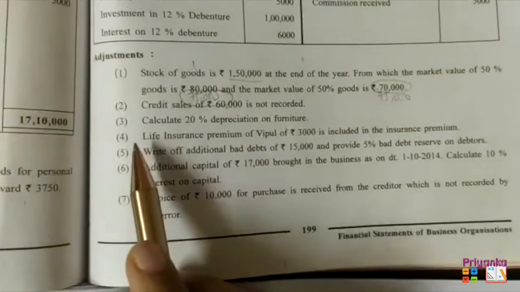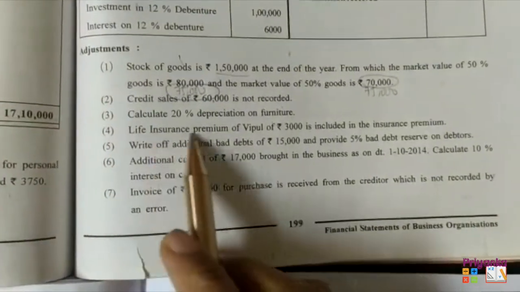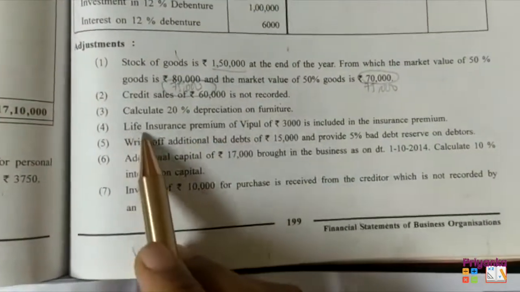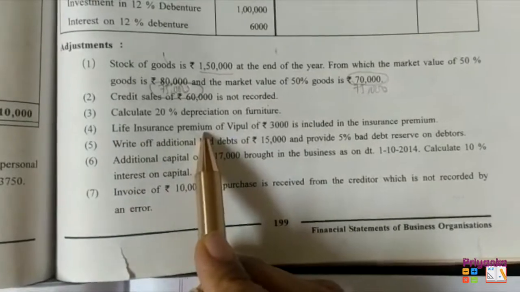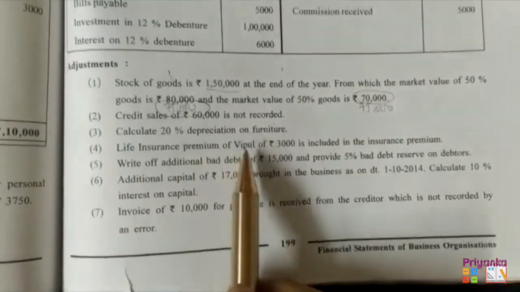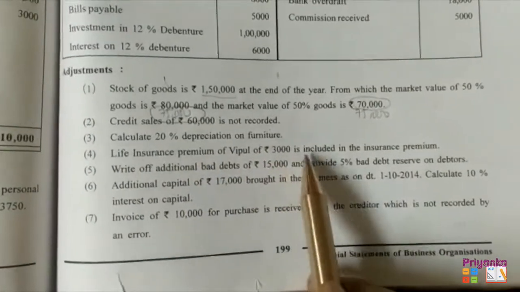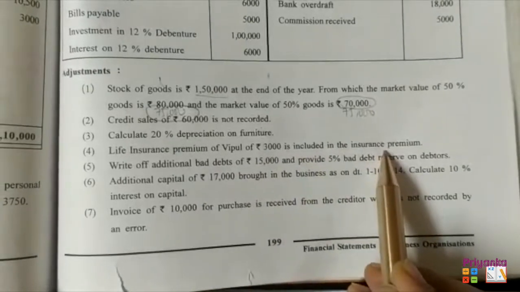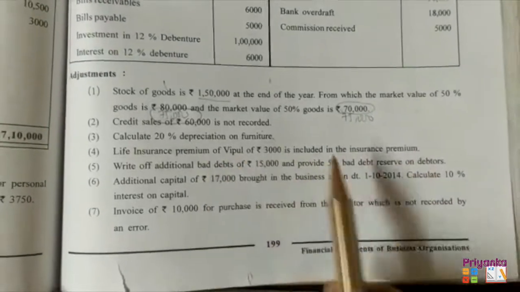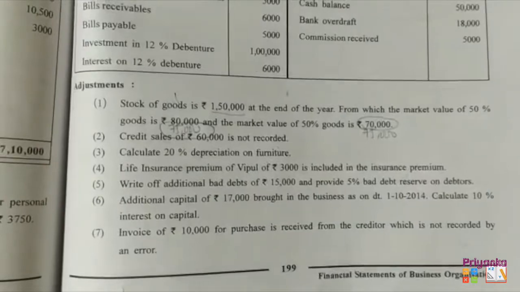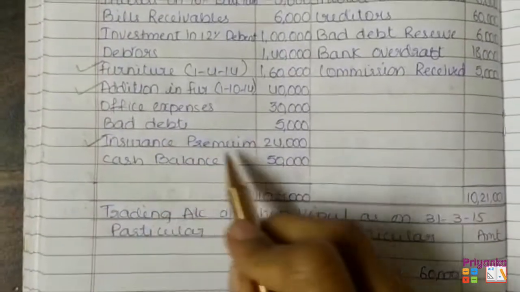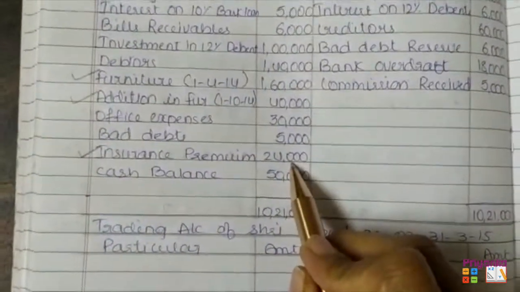Moving to the next adjustment, fourth one, life insurance premium of Vipul. As you know, life insurance premium is a personal expense and counts as a drawing of Vipul. 3,000 is included in the insurance premium. So here we'll first remove it and then add it to the drawing. Here is the value of insurance premium, which is given as 24,000.